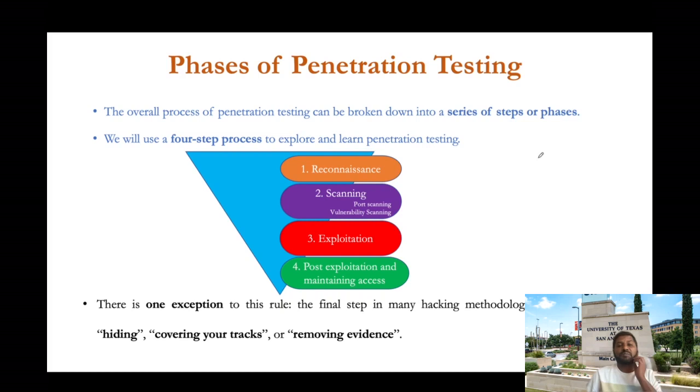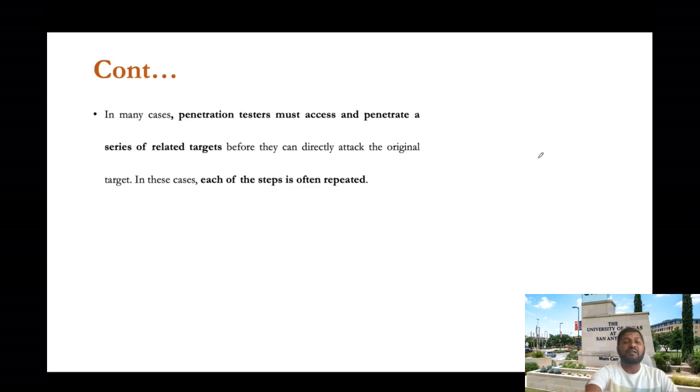But there is one exception to this rule: the final step in many hacking methodologies is a phase called hiding, or covering your tracks, or removing the evidence. In the reconnaissance phase, in many cases, penetration testers must access and penetrate a series of related targets, meaning compromising machines, before they can directly attack the original targets.